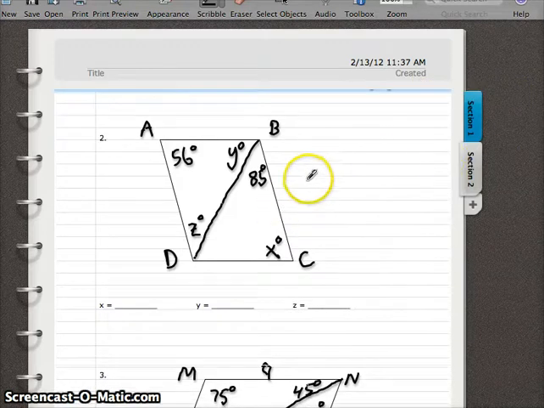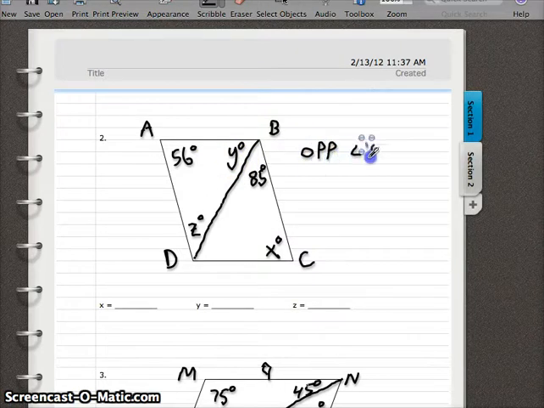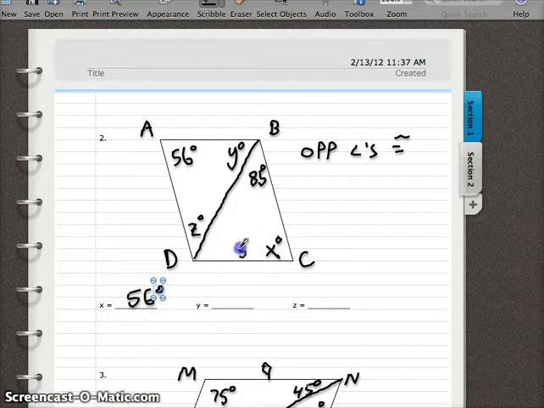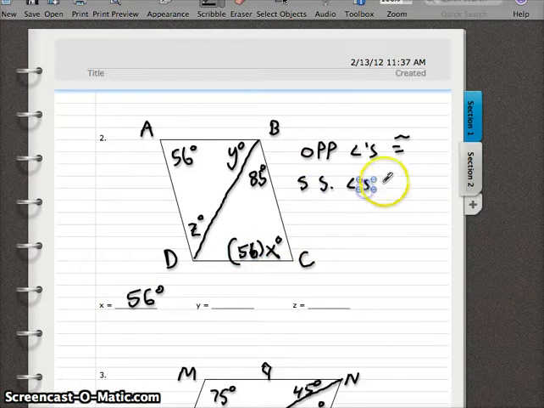Alright, here we're going to start adding some new things here. Again, we got opposite angles are congruent. So we know that if this is 56 degrees, well then x must be 56 degrees. So this is 56 now, right? Well, we could use our same side angles add up to 180, right? Our supplementary.